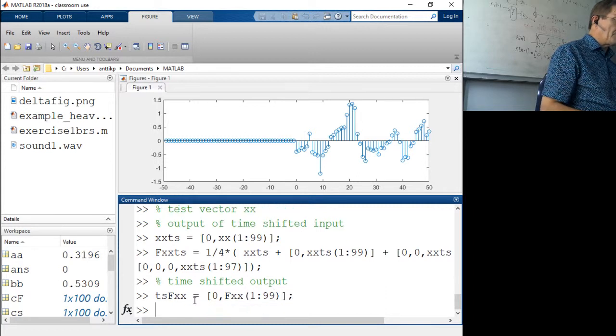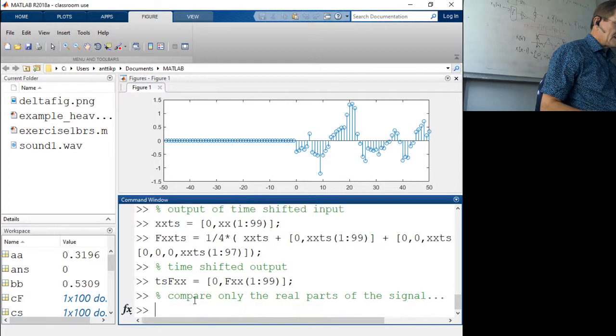And we compare the later parts only, not the beginning, which has the artificial number, since that actually sometimes gives some trouble. So compare only the real parts of the signal, not the artificial parts.